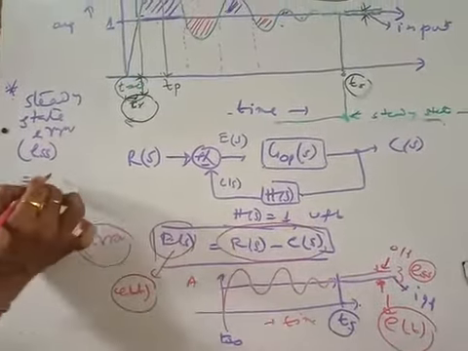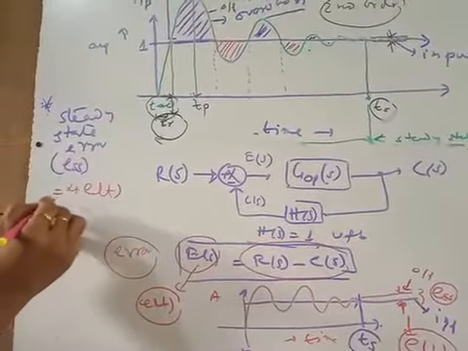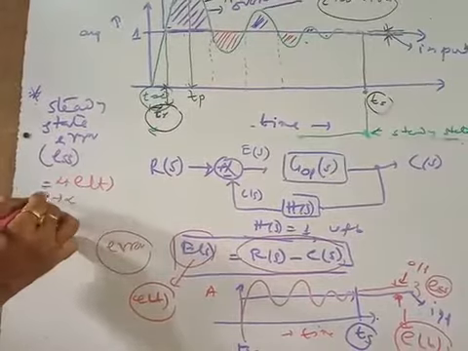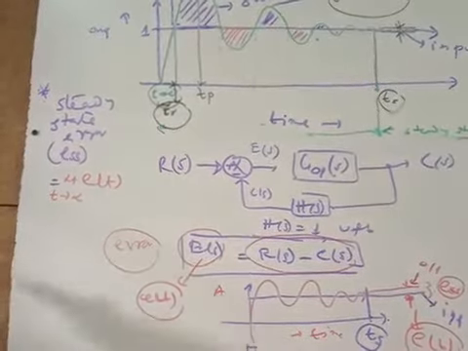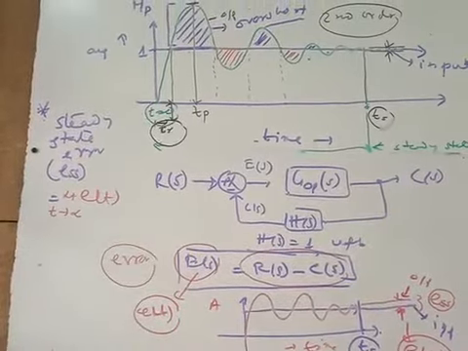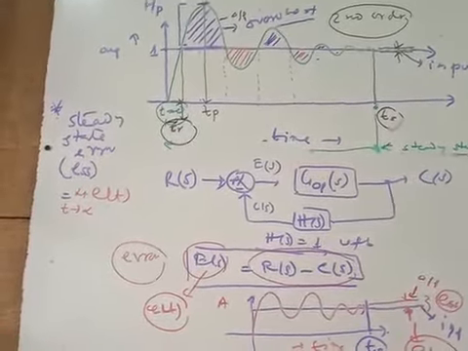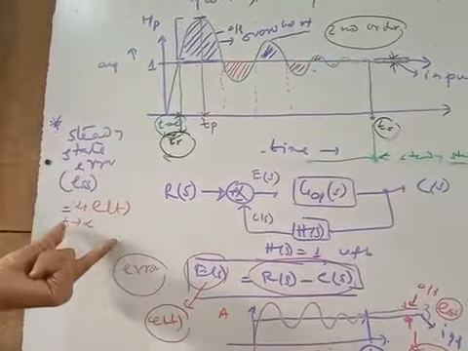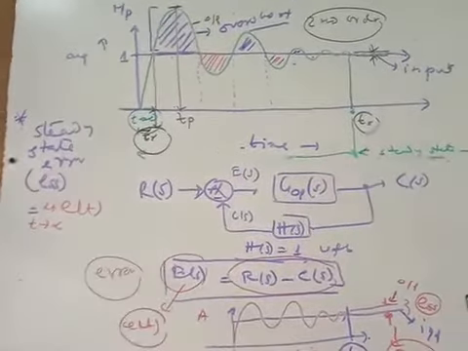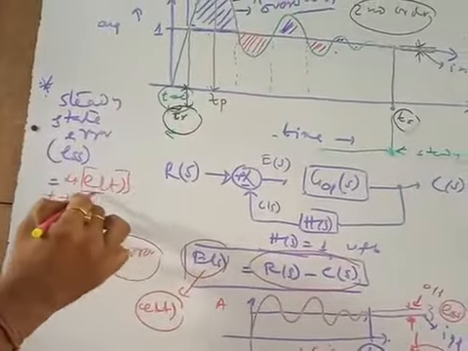So E(t) gives the steady state error when limit t tends to infinity. At the theoretical value, t tends to infinity means at a larger value of time. So at a larger value of time t, if you get the difference between the output and input, that will give you the steady state error, right? And normally this E(t) is the error in the time domain.